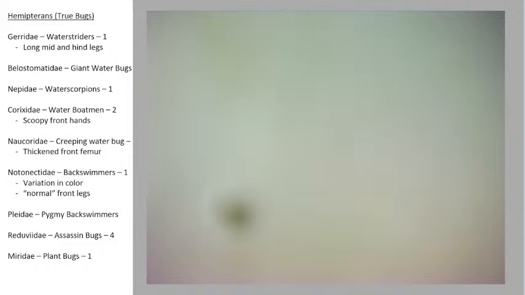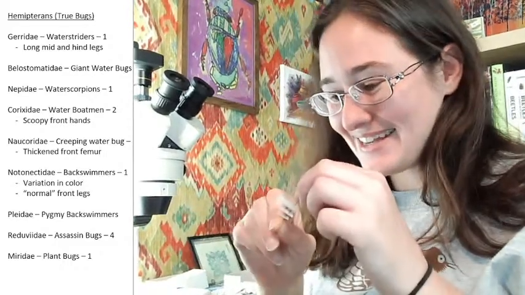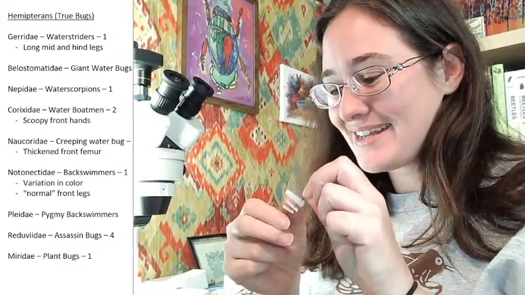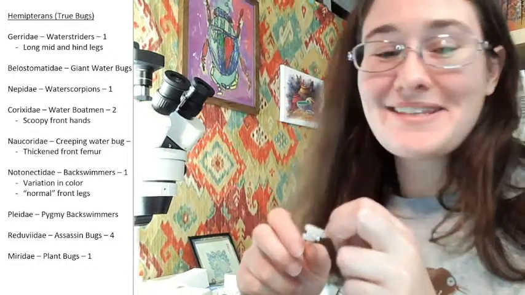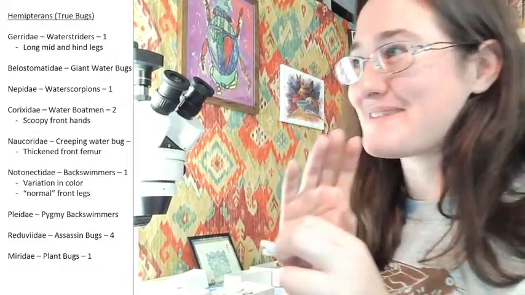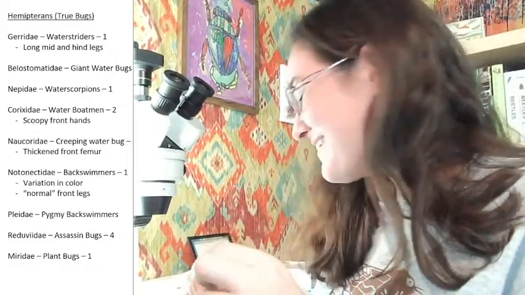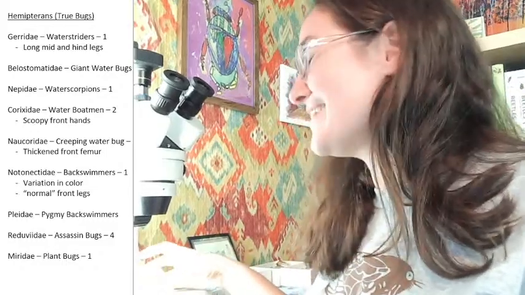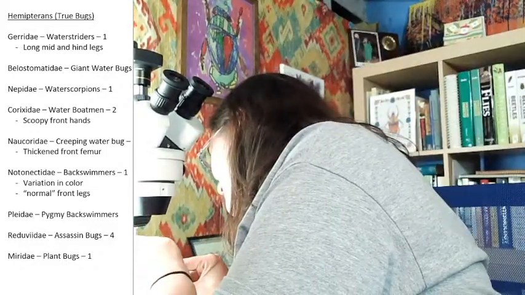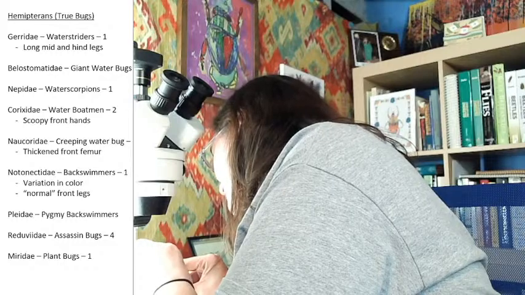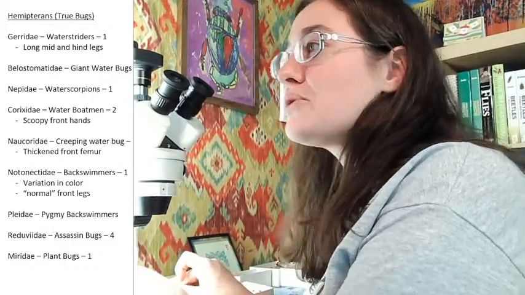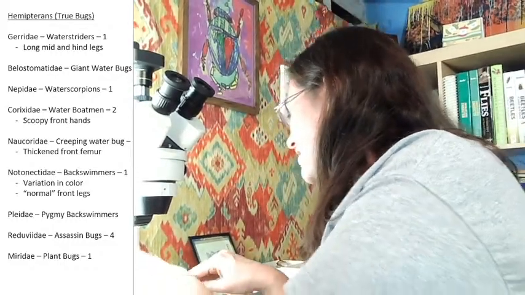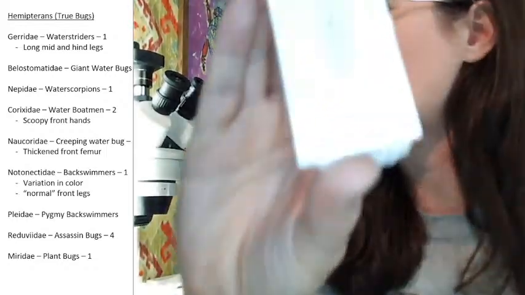All right, now this next insect is, I think, going to be the next Guess That Bug. Don't tell anybody. Shh. All right. This one I think is absolutely beautiful to look at under a microscope, even though if you were looking at this insect in person, you probably wouldn't see much.